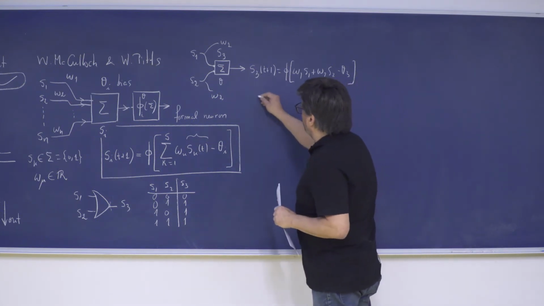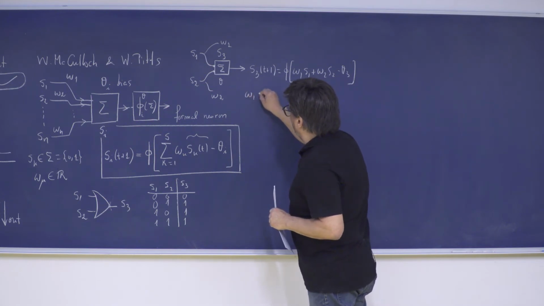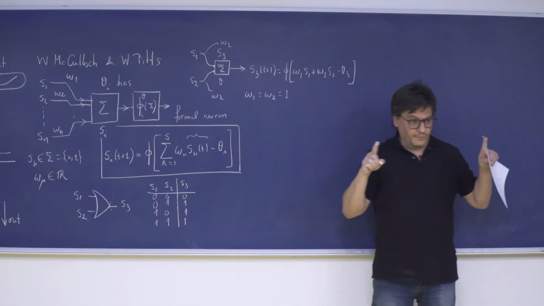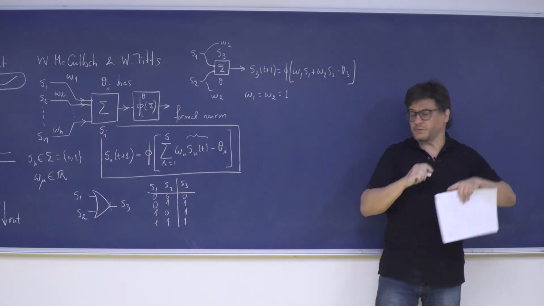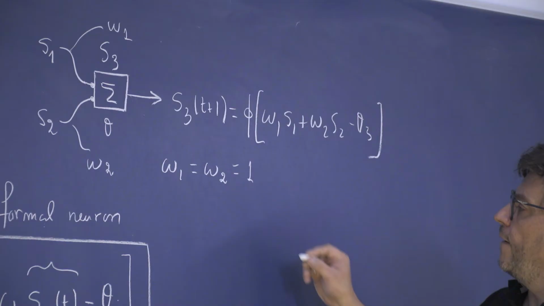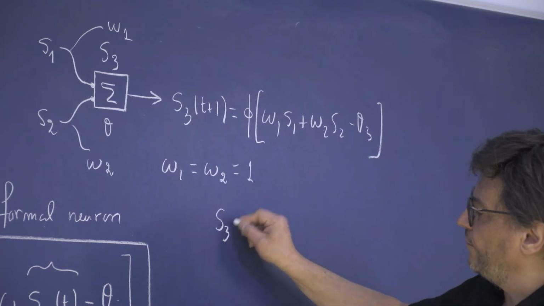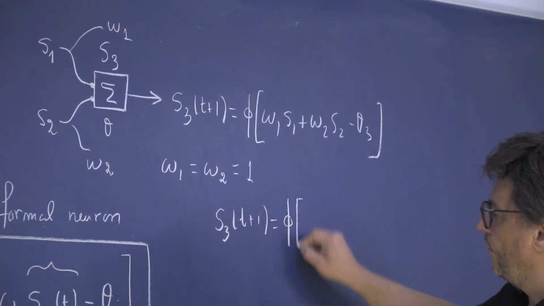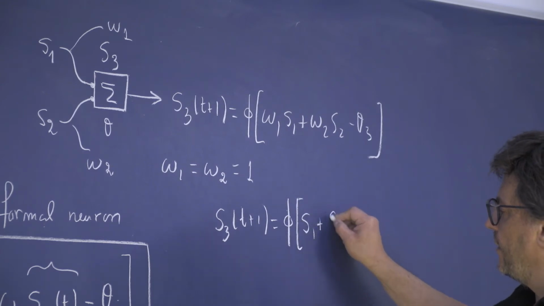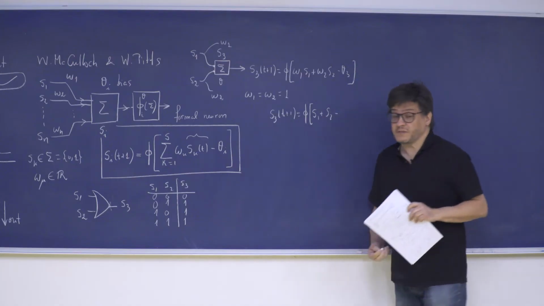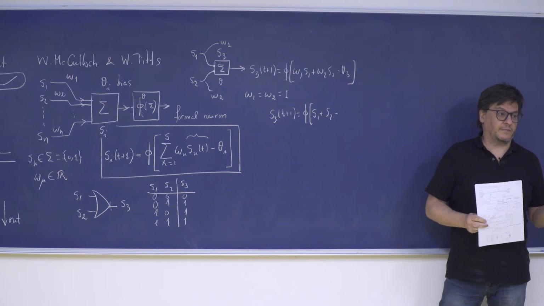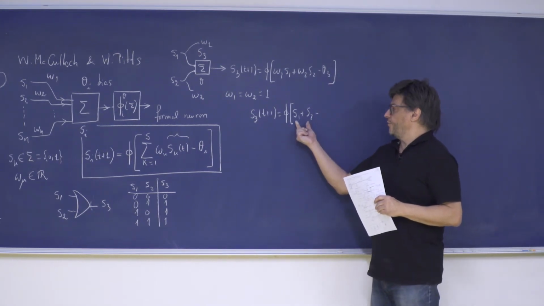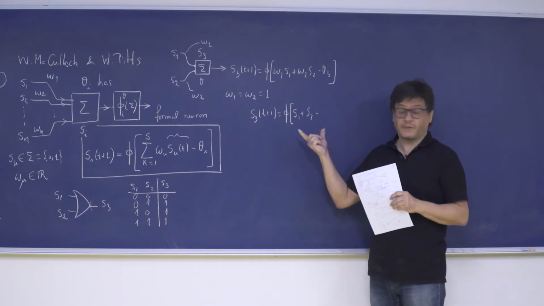Easy to do. Let's choose, for example, both inputs to be activators, right? Which makes sense. I will have that S3 will be simply S1 plus S2. And I have to decide now what kind of threshold I need to put there in such a way that if both are 0, this is negative, okay, right?